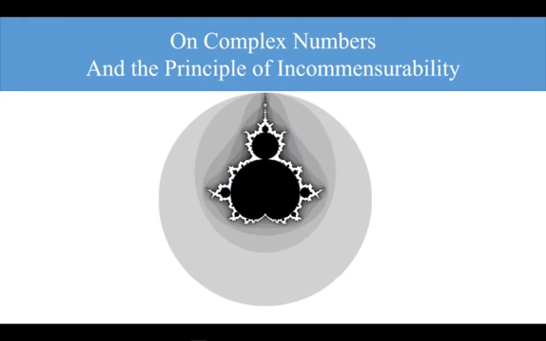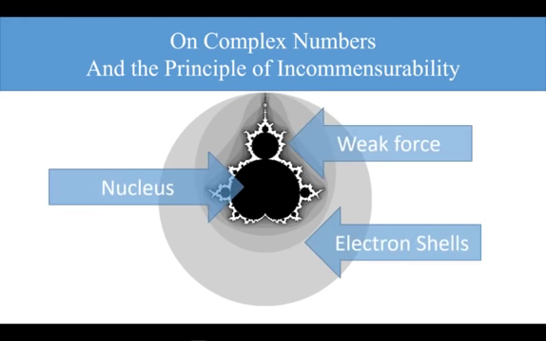At the other extreme, when asked the question, what are atoms and why do they behave the way they do, the principle of incommensurability would be invoked. The inside of the nucleus and the electron shells are incommensurate in principle. There are no similarities between these two domains.